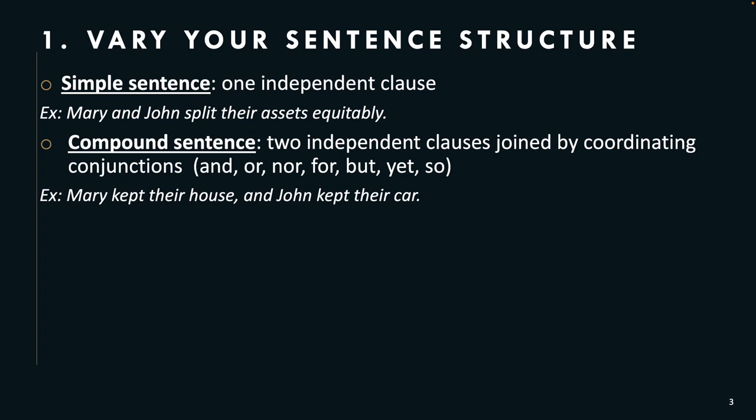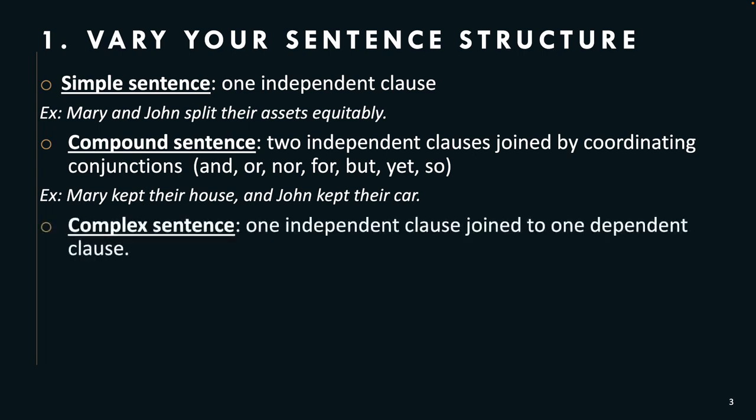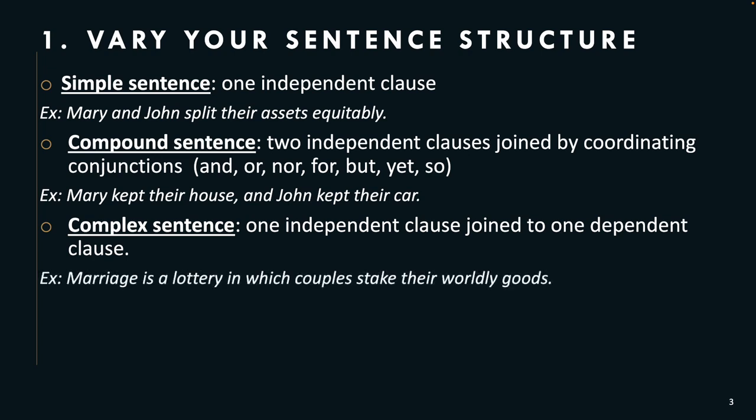Now let's take a look at the other type of sentence that we have in English, which is a complex sentence. It is one independent clause joined to one dependent clause. And what is a dependent clause? Let's take a look at the example. Marriage is a lottery in which couples stake their worldly goods.